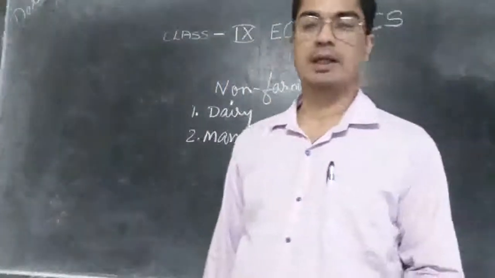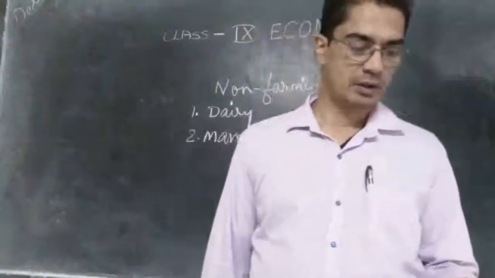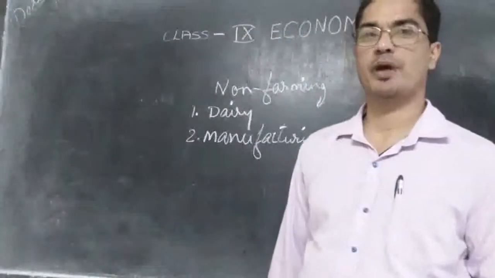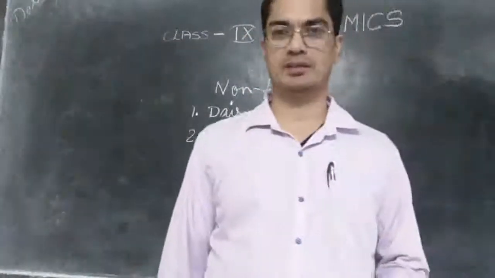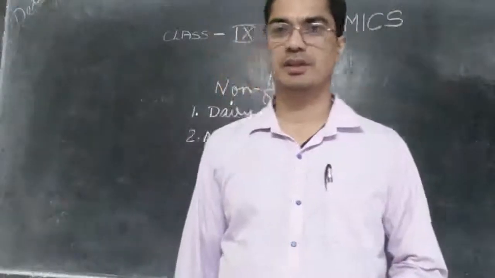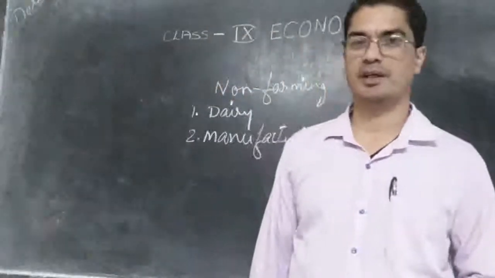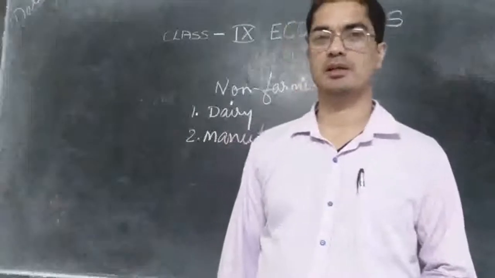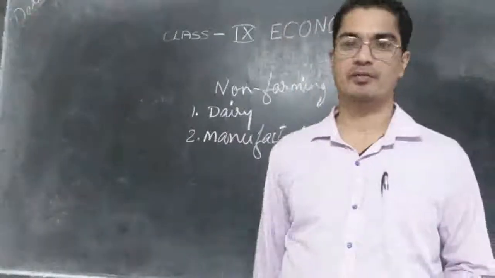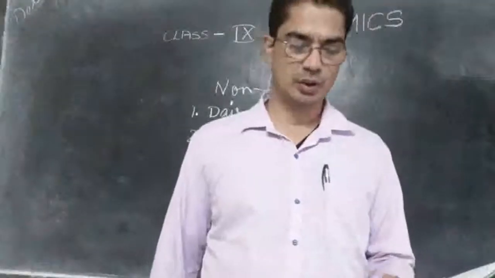At present, less than 50 people are engaged in manufacturing in Palampur village. So very few people. There are 450 families, but only 50 people are engaged in this manufacturing business.